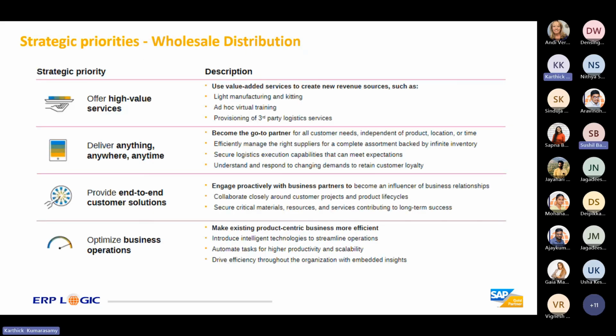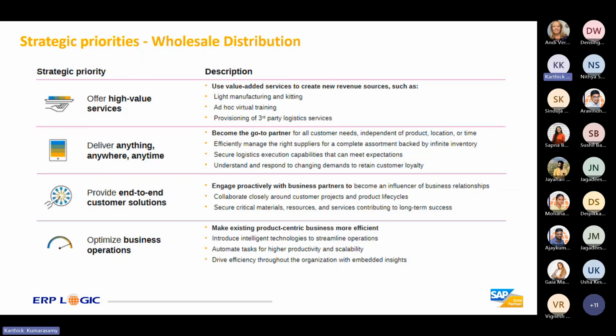And these are the strategic priorities SAP comes with. The first, as mentioned, is to offer high value services, which can be a source of revenues. The second priority is to deliver anywhere, anytime, and anything, which helps us manage the right situation at the right time and handle critical situations to avoid any hiccups.